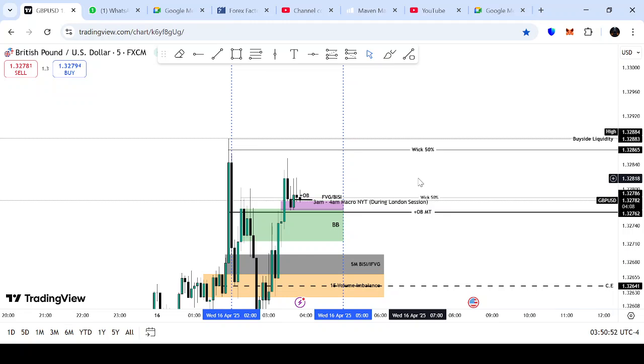Price is kind of slow, but it's okay. That's trading. It will test your patience.